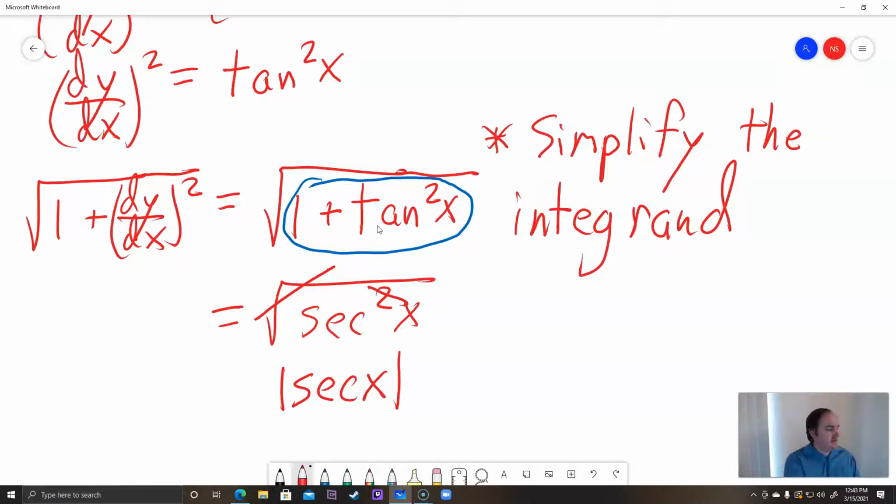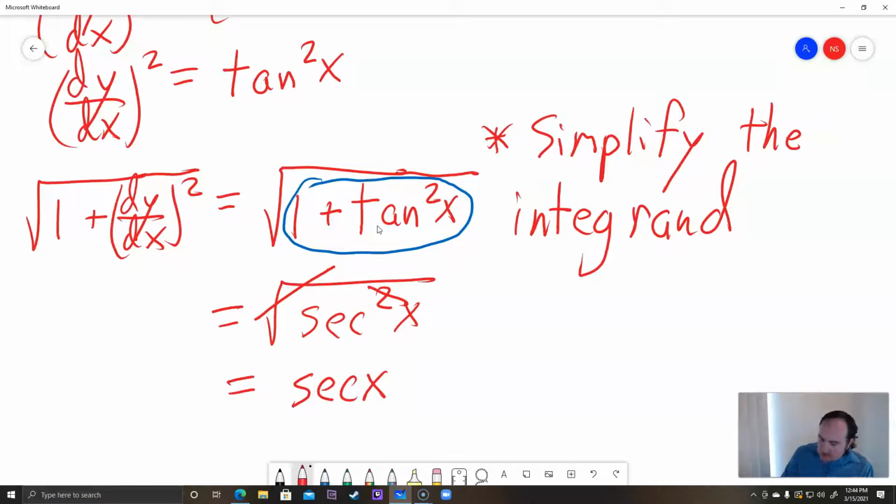But do you have to actually write the absolute value? Looking through what they did on my MyMathLab, I don't believe they bothered to write an absolute value. So I guess technically you don't have to. So we won't write the absolute value, we'll just write it as secant of x.